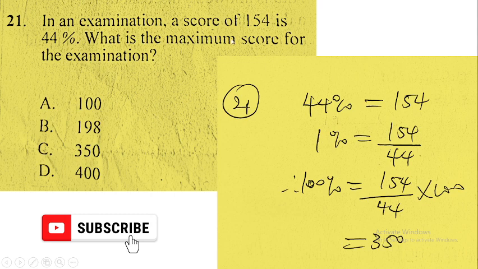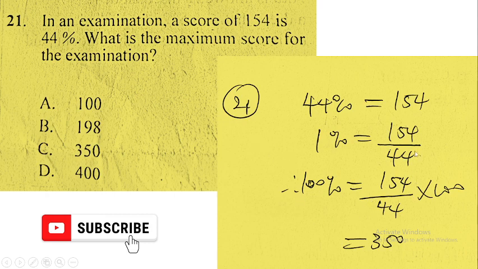Then you can find what 1% would be of the score. So 1% of the score will give us 154 divided by 44, because we can divide both sides by 44 here.